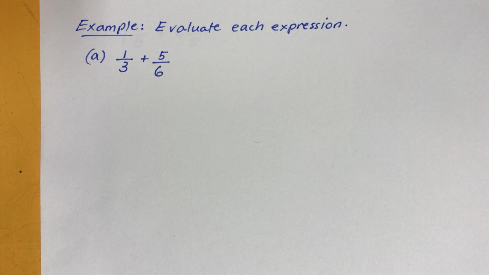Now, when you look at the denominators of each fraction, which are 3 and 6, they are different. So the first thing you have to do is find the common denominator. But before we jump into the common denominator, 3 and 6 are in the same family.